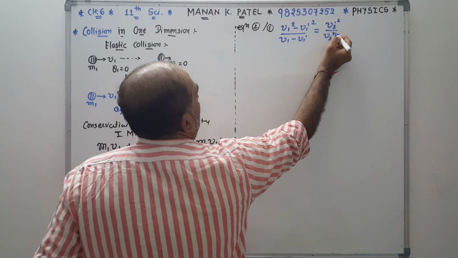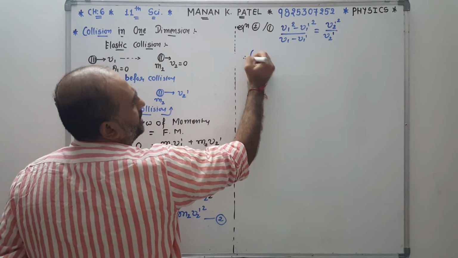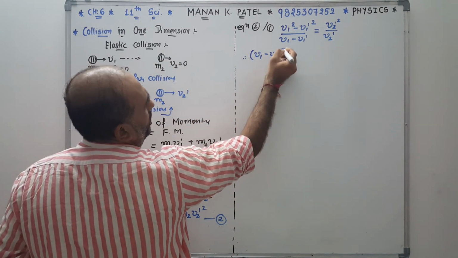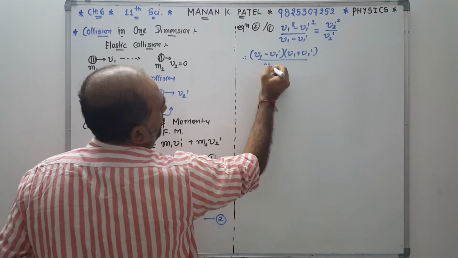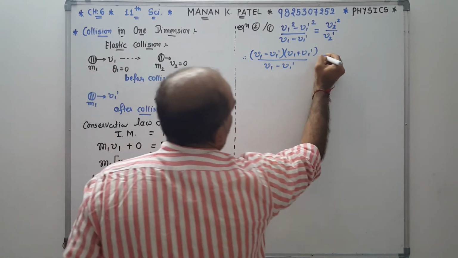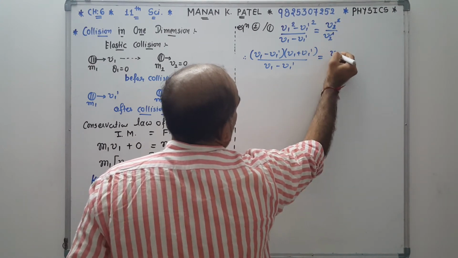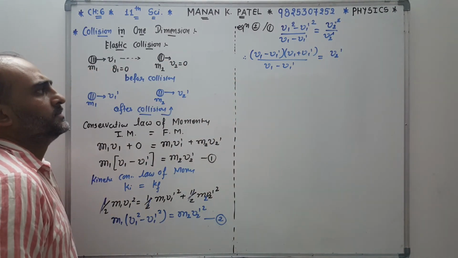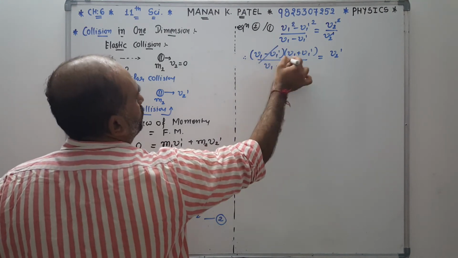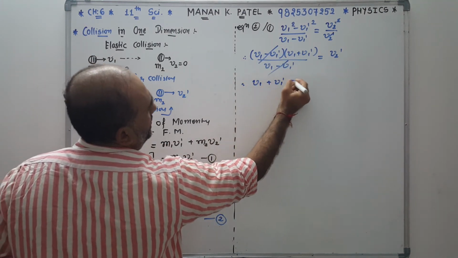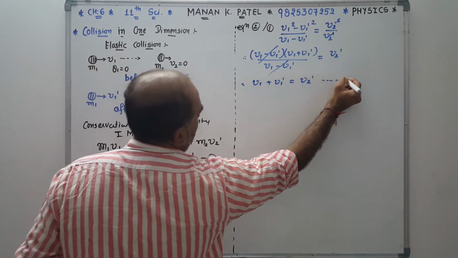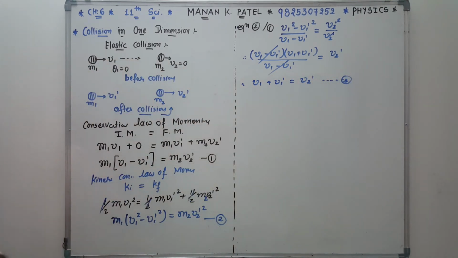Now in two parts, (v1 minus v1 dash)(v1 plus v1 dash) divided by (v1 minus v1 dash) is equal to v2 dash, as v2 cancels. So the left part, these two portions, cancel. So v1 plus v1 dash is equal to v2 dash, equation number 3.